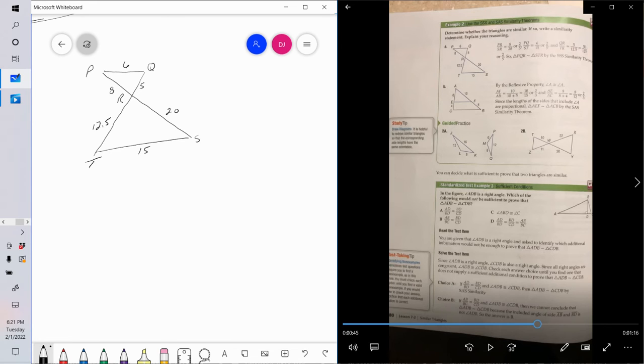And we're wondering if these two triangles are similar to each other. Okay. Now we don't have a statement like we had previously that PQ and TS are parallel to each other. So we can't assume the same thing with the transversal and the alternate interior angles and that sort of thing.